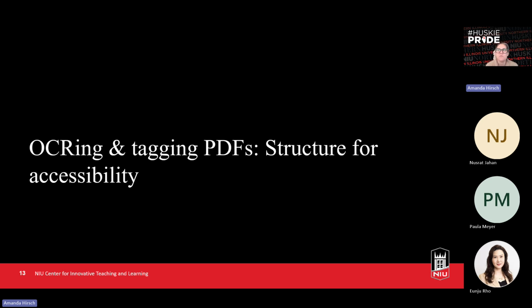We never want to use print to PDF because that does not create or retain any of the accessibility features that we've already built into our documents. So instead of print to PDF, we want to save as PDF.